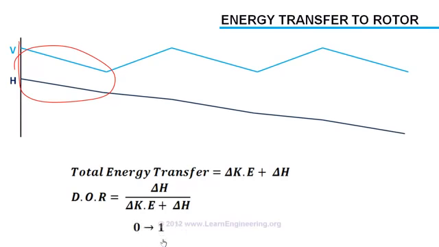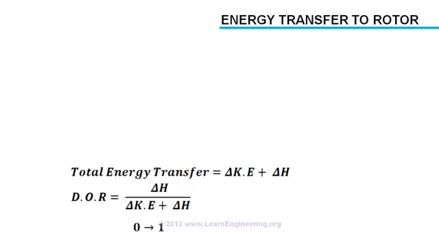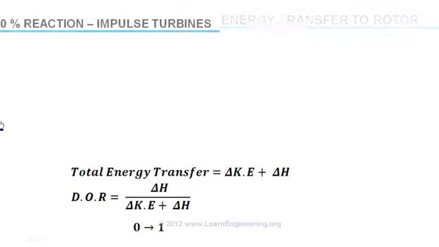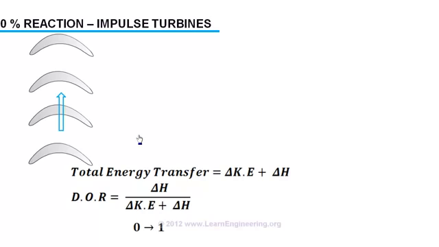Suppose for a turbine the degree of reaction is 0, then such turbines will be known as impulse turbines, or 0% reaction turbines. In such cases the enthalpy energy change across the rotor will be 0, and energy transfer will be purely due to kinetic energy change. Blades of an impulse turbine will look like this. Here fluid actually hits the blade and produces the force.